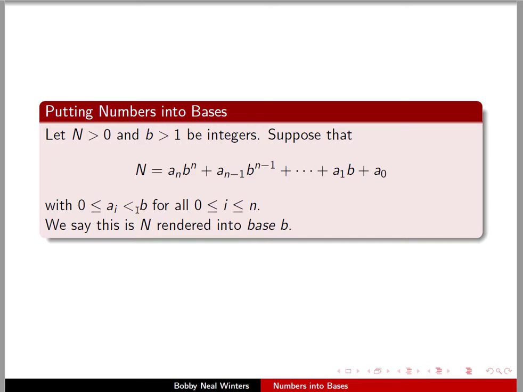There are some folks who played around with rendering numbers into base 12. That's called duodecimal. And so typically, whereas b can be any positive integer greater than 1, typically 2 or 8 or 12 or 16, or most commonly, of course, 10.